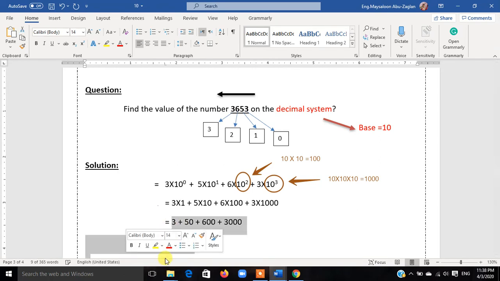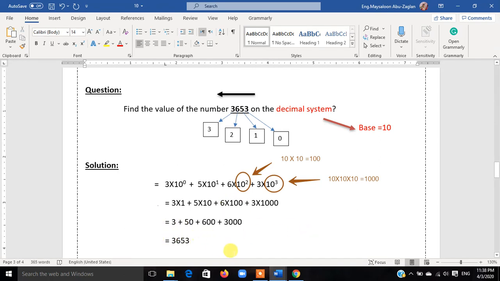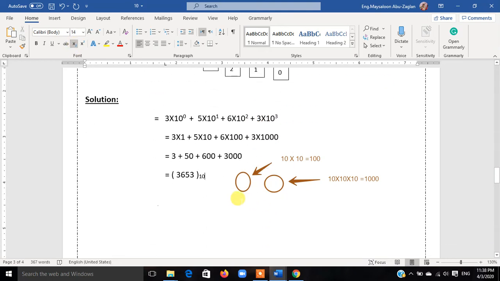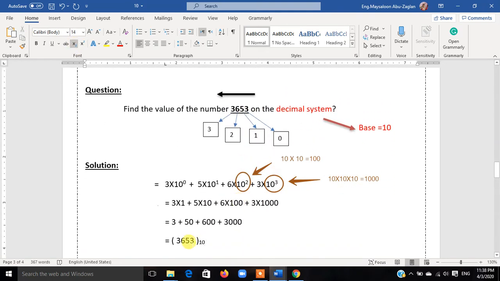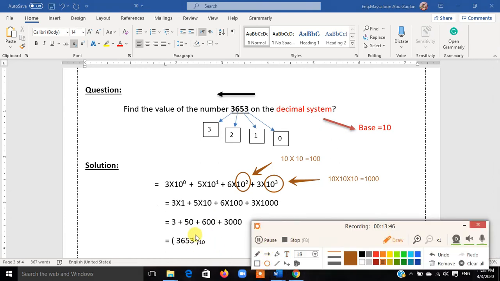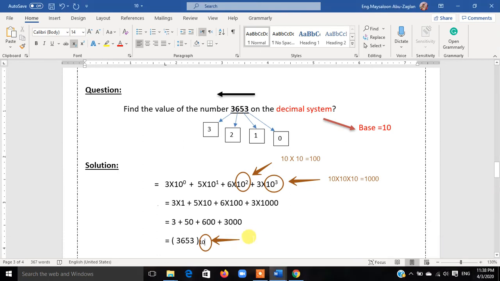It will be the same as the number I use here, but we need to put the number between brackets, and we need to subscript the number 10 to indicate that we are using the decimal system. Why do we need this? Because this is an indicator for us that we are using a decimal system.